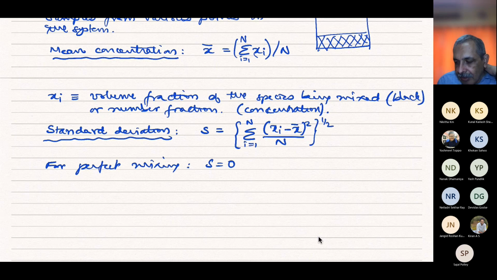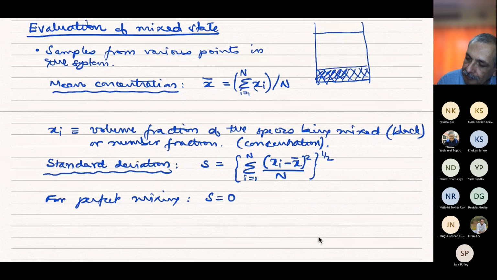And you can even calculate what will be the standard deviation at the initial stage. Okay. And let's say we started with a completely segregated system. So this volume will be proportional to x bar, and this volume will be proportional to 1 minus x bar.